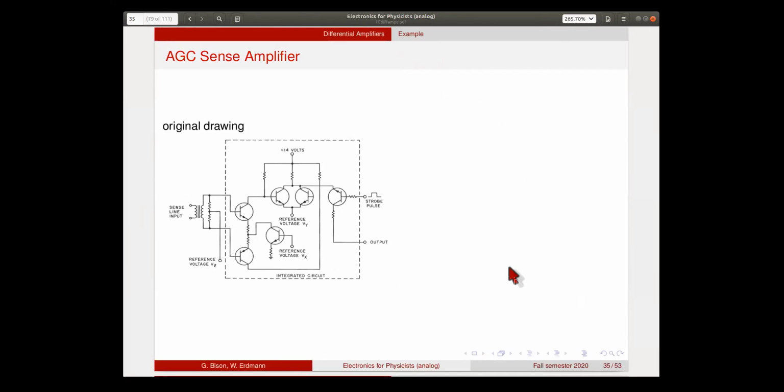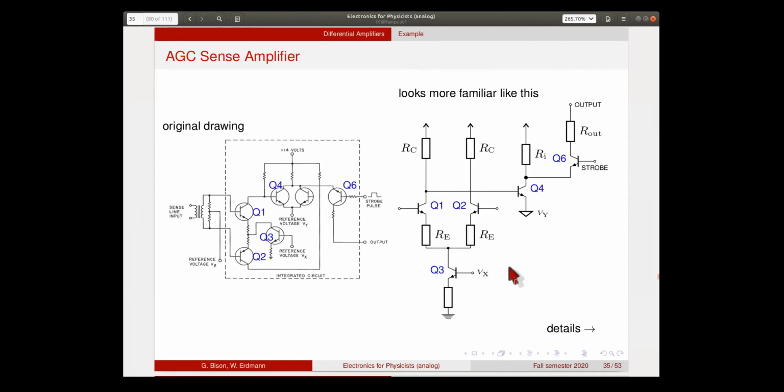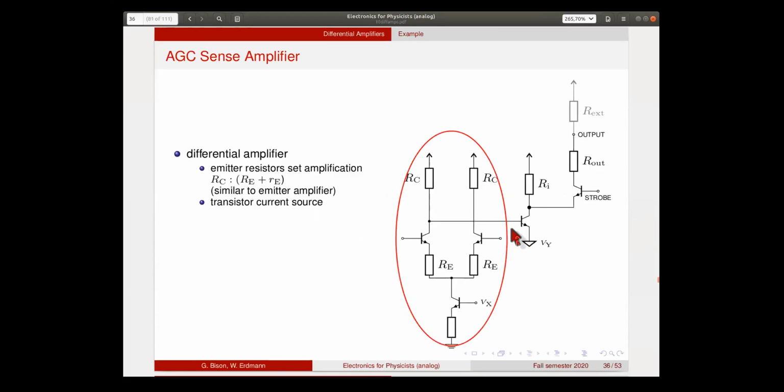So on the right-hand side, you have a redrawing of this, which looks a bit more familiar, but you can convince yourself that this is really a one-to-one translation of this. And now if you look at this one, you can clearly identify the parts that we've seen before. We'll go through this now.